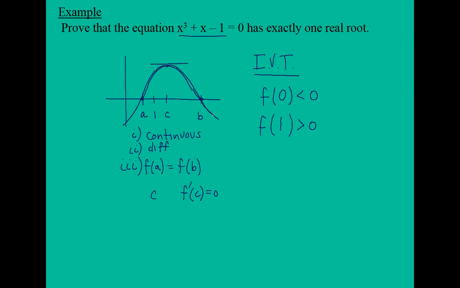Well, let's take a look at the derivative of this function. We are working with y equals x cubed plus x minus 1. And the derivative of this function is 3x squared plus 1. Looking at that derivative, this derivative is always positive.